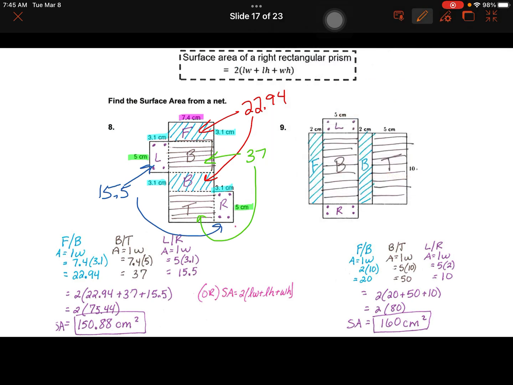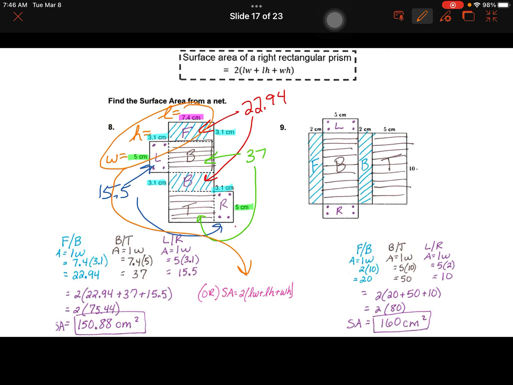So really what you could do is just label, and it really truly does not matter, that this could be my length, this 5 could be my width, and the H can be 3.1, and then use the formula. It really truly wouldn't matter which you called which, because remember with the rectangular prism you can turn it and it's still going to be the same. But you now can use all three. You would use those three numbers and plug them into the formula.